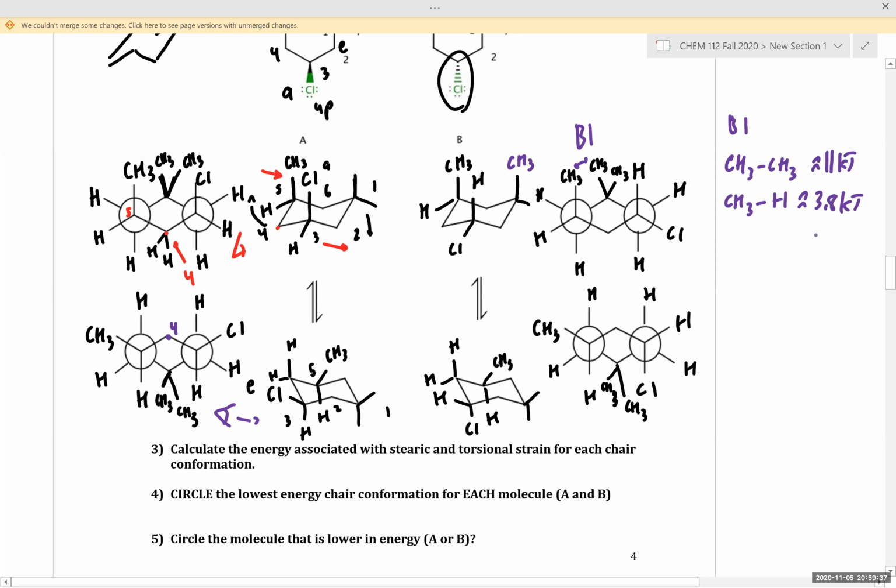You should be familiar with these diaxial interaction energy values, and you should be familiar with the common eclipsing, gauche, and other interactions.